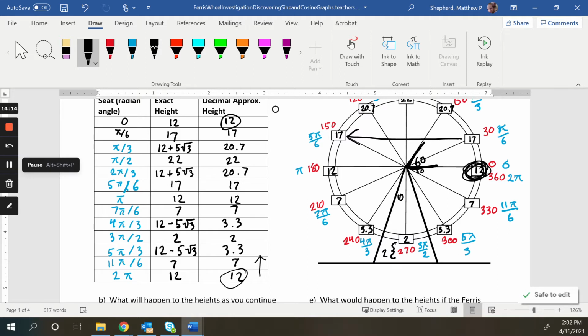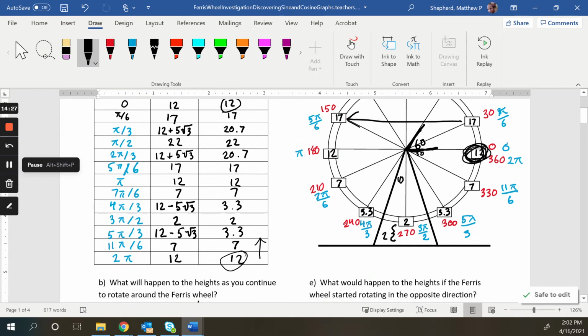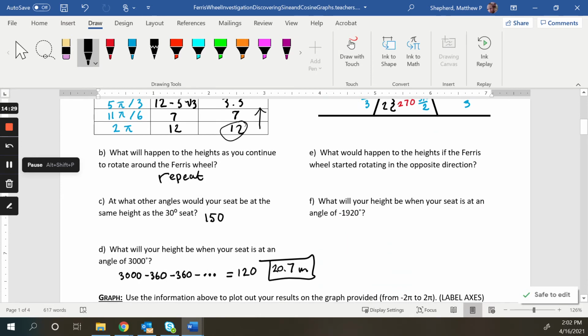That 0 and 2 pi are the exact same location. So we are just seeing these same numbers when we start from that same location, but we're seeing them happen backwards. Okay, so if you go in the opposite direction, you get the same numbers, just backwards.